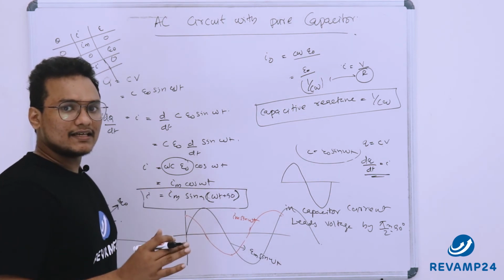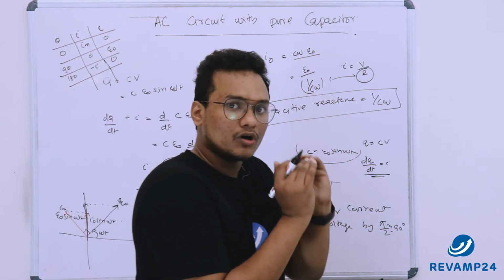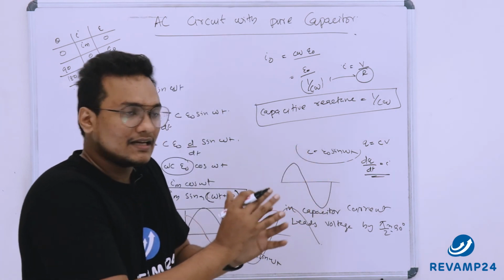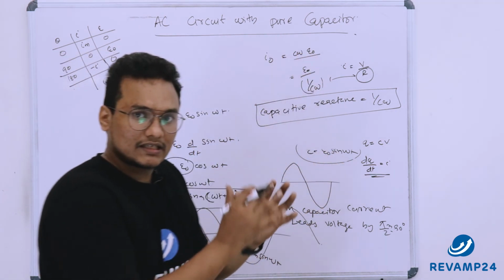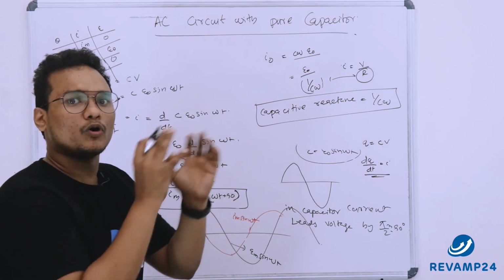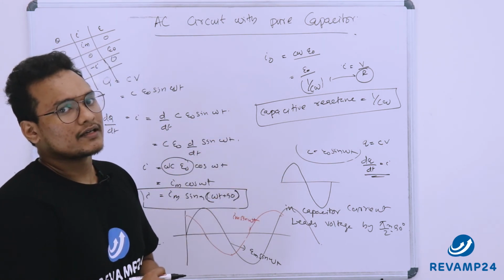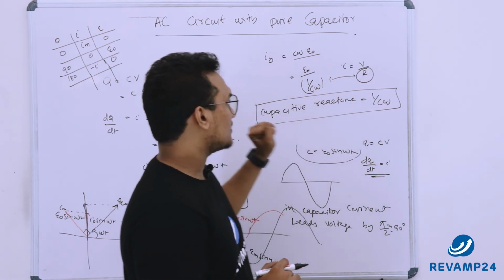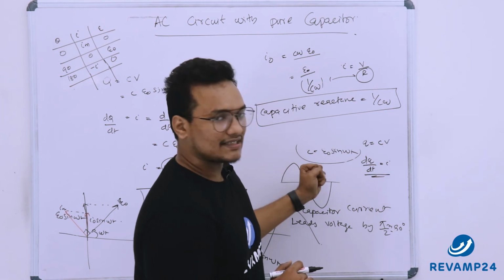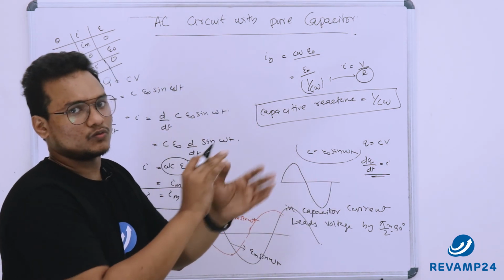So AC will choose to go through the capacitor, or the capacitor will offer very little opposition to the flow of current, because when frequency increases the total value decreases and the reactance decreases, and that is basically the opposition towards current.